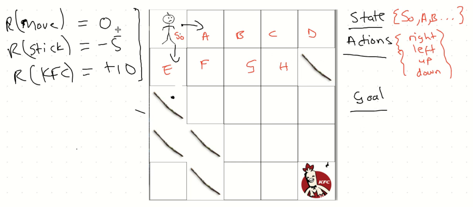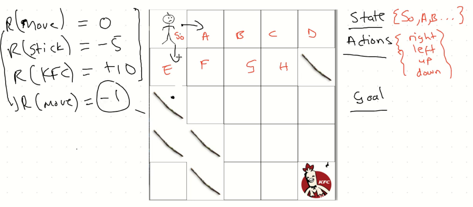So what this means is, imagine we had a different version of this problem. Here we defined our move as 0, but maybe we might define our move as -1. That means the kid has to find the fastest way to reach this goal, so that he doesn't lose a lot of points for every movement that he makes, right?